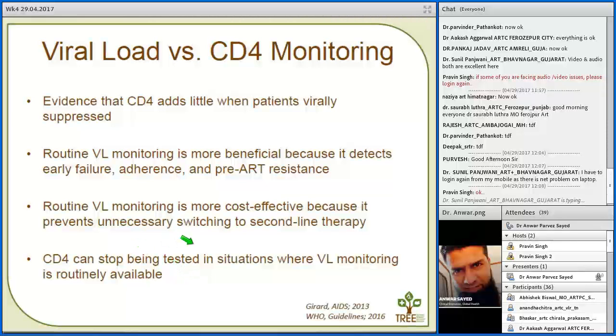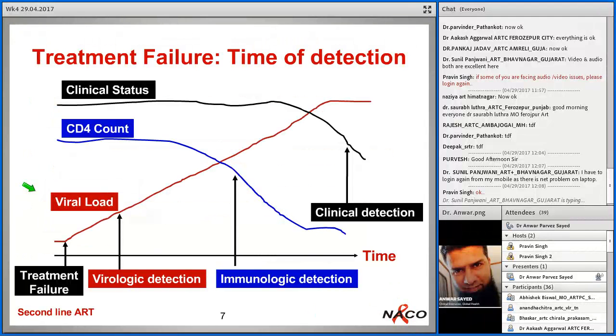But ultimately if you compare viral load and CD4 testing for monitoring a patient on ART, viral load is a better test for monitoring than CD4 testing. Of course CD4 has some advantages which we can discuss when this policy is announced. But as of now, we are continuing with the CD4 testing and targeted viral load testing.